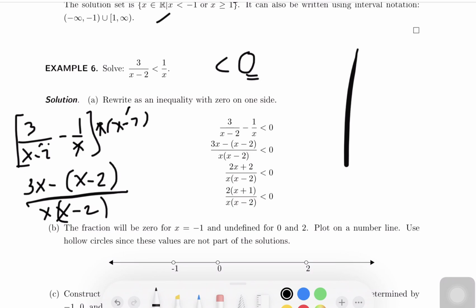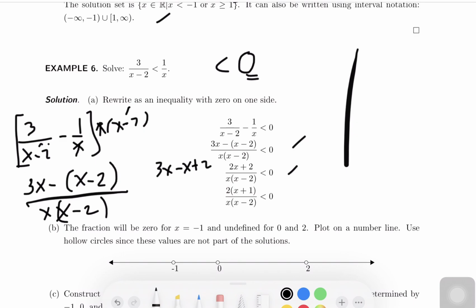Okay, so therefore we have this. And then operate, remove the grouping symbol. This will become 3x minus x plus 2. So 3x minus x is 2x, then plus 2, less than 0, then copy the denominator.